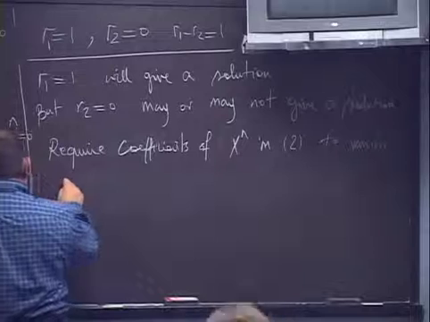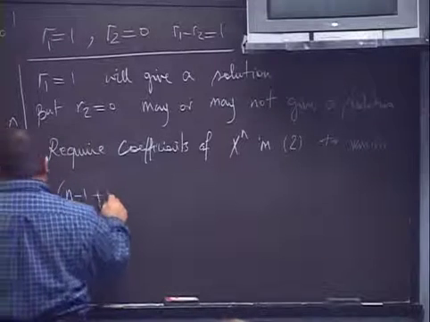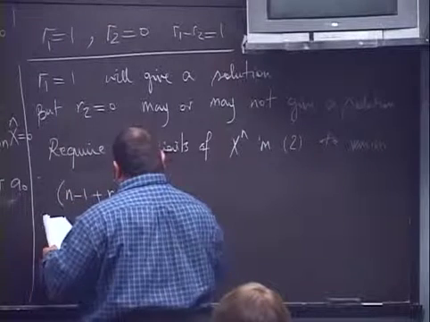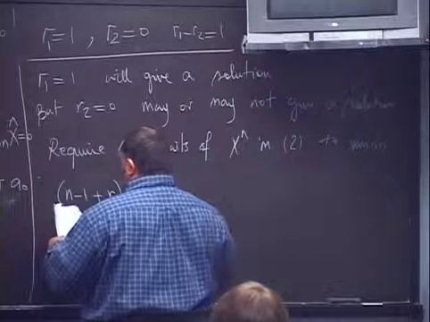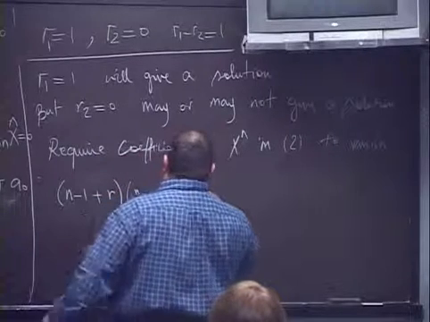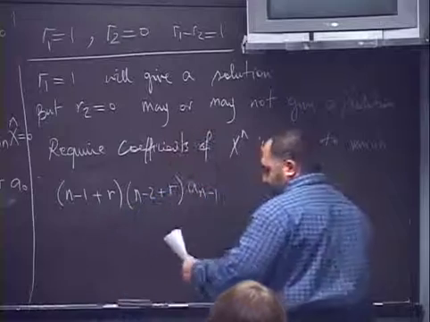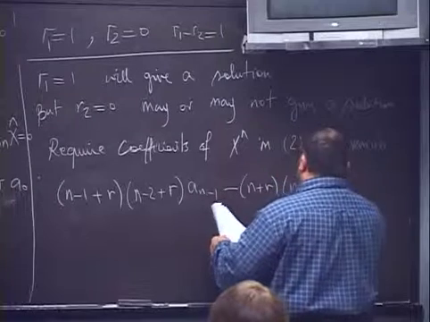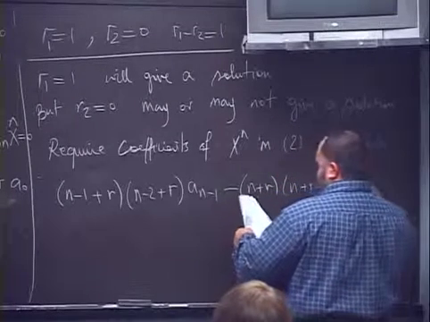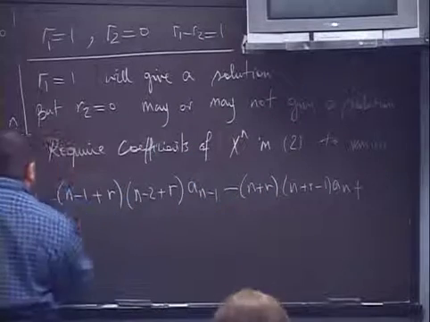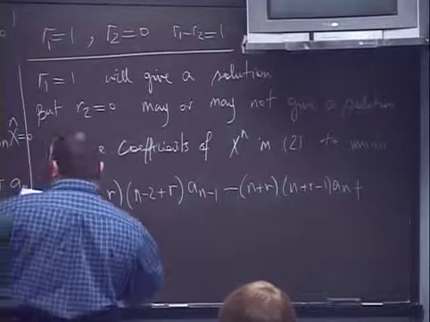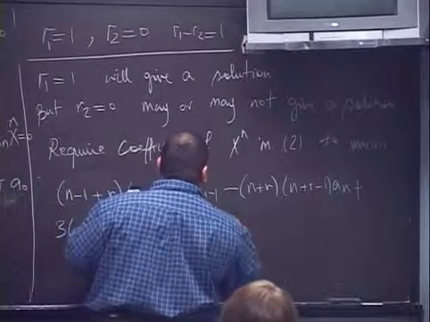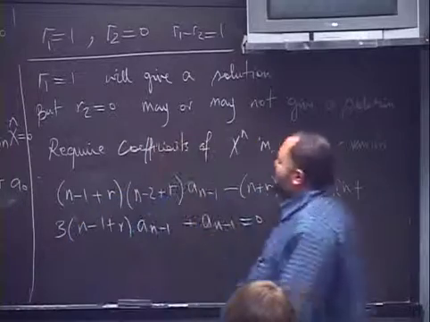And the coefficients are (n minus 1 plus r) multiplied by (n minus 2 plus r) multiplied by a_(n minus 1), minus (n plus r) multiplied by (n plus r minus 1) a_n, plus 3(n minus 1 plus r) a_(n minus 1), plus a_(n minus 1), equal to 0. Somebody will ask, what did you get?